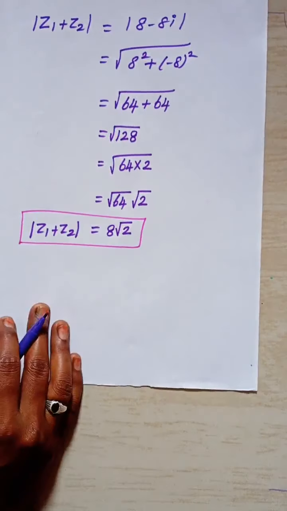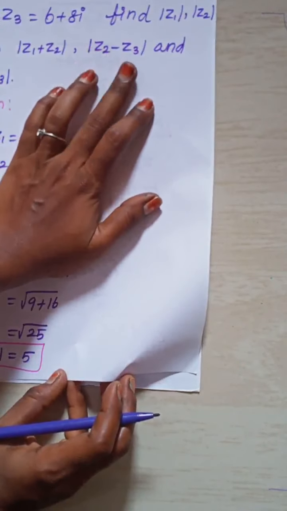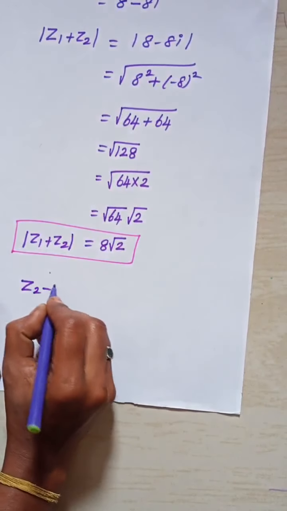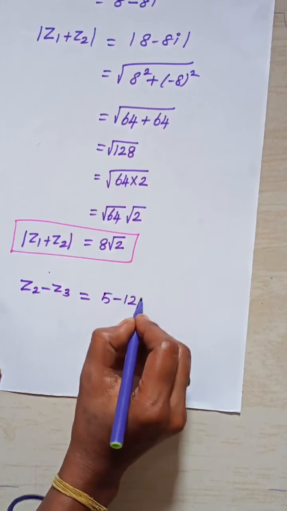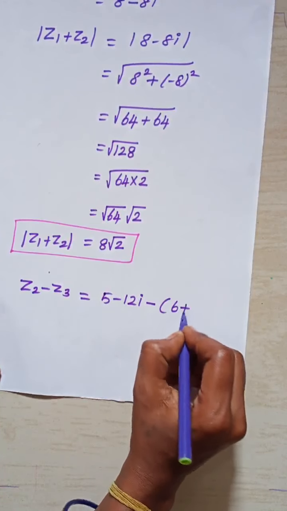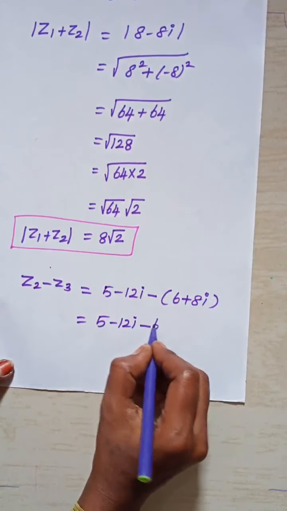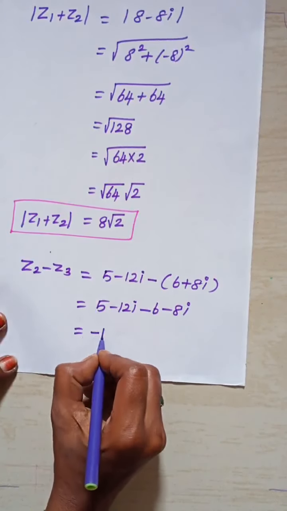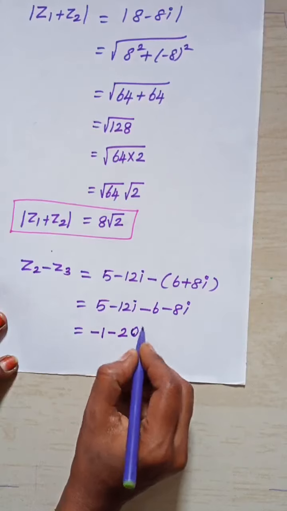Next, find the modulus z2 minus z3. So find z2 minus z3, which is equal to, what is z2? 5 minus 12i minus z3, which is 6 plus 8i, which is equal to 5 minus 12i minus 6 minus 8i, which is equal to 5 minus 6 is minus 1, minus 12i minus 8i is minus 20i.